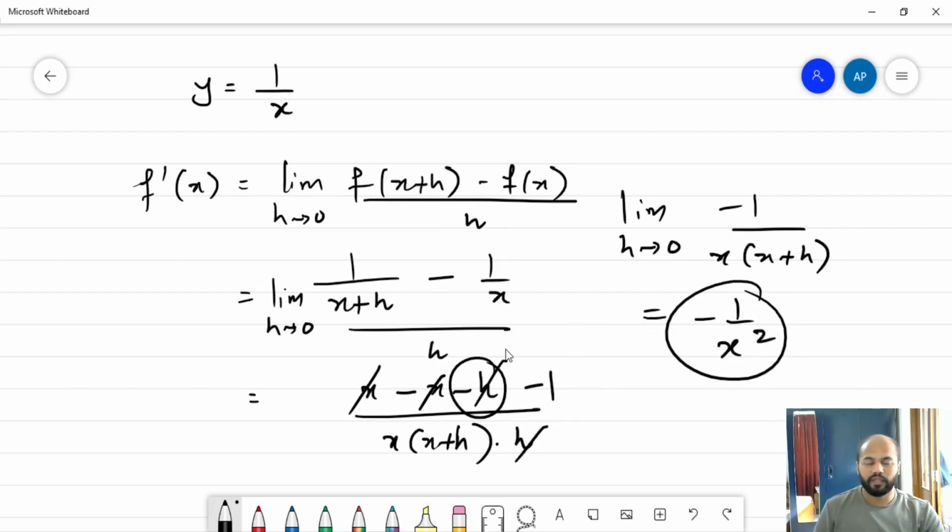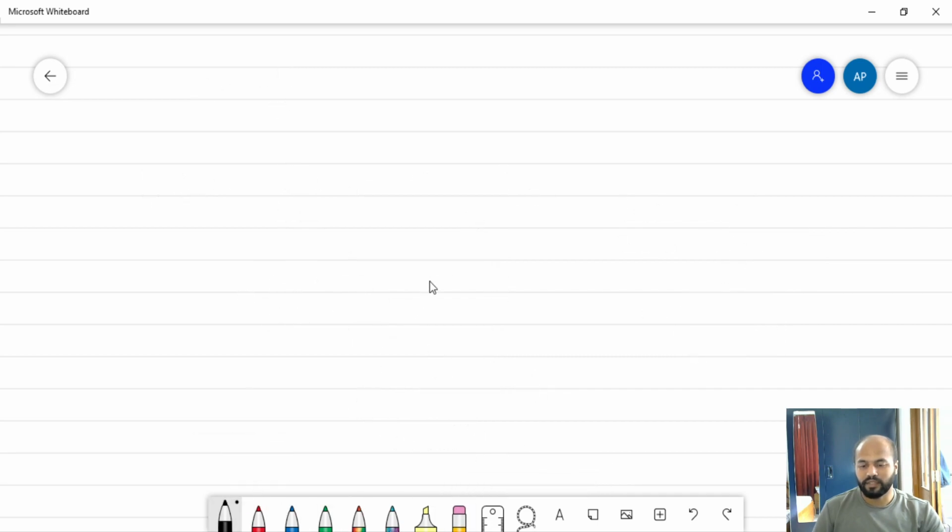So given a certain function, at any cost, we can find the derivative of that function using first principle. Let's get deeper into this now. Let's take better examples. This time, we are going to have the function f of x as x minus 1 into x minus 2.